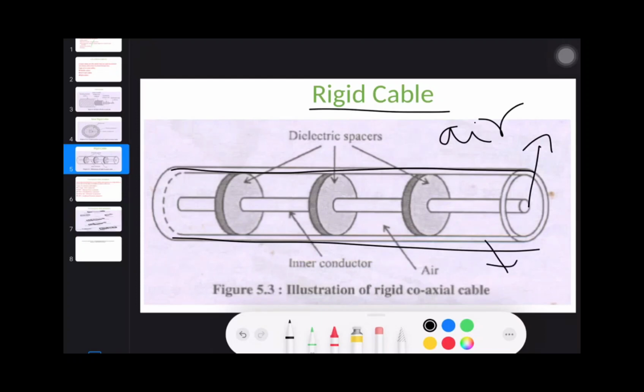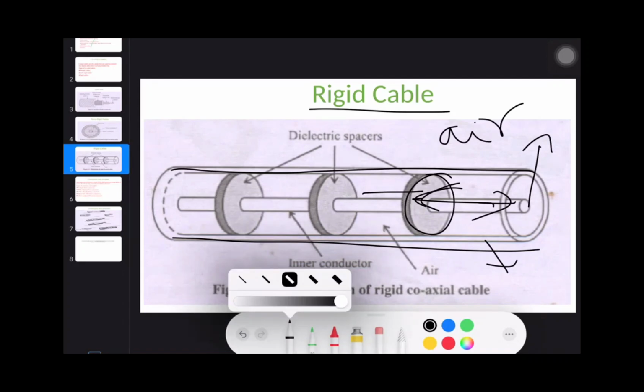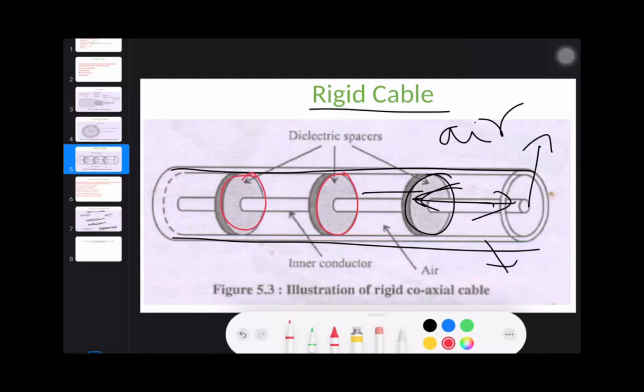Inside, we install the dielectric spacers. The circular devices are what we call dielectric spacers.